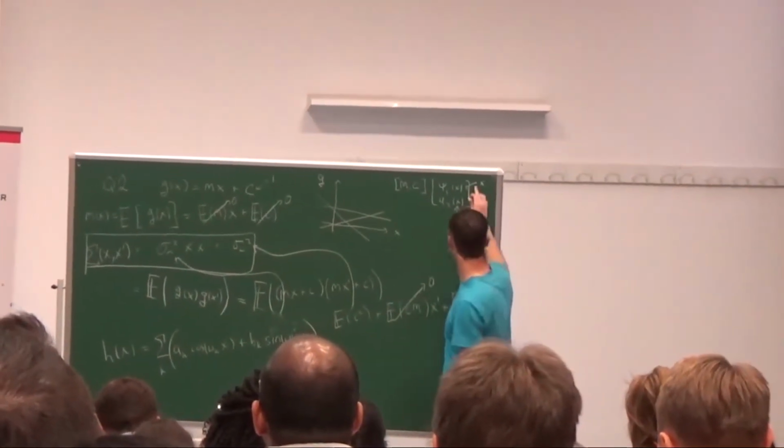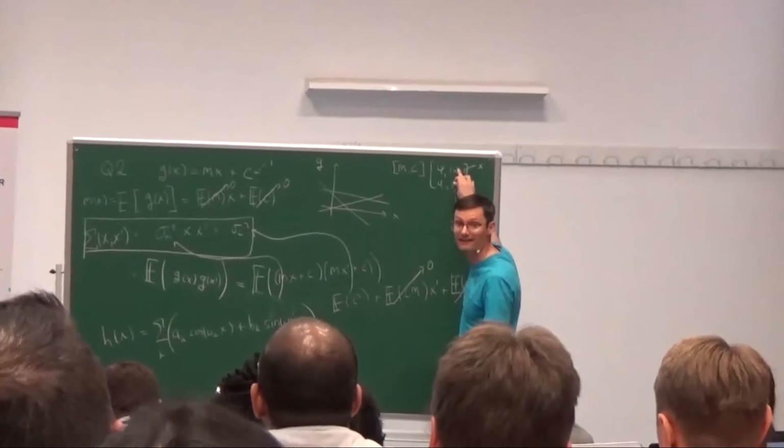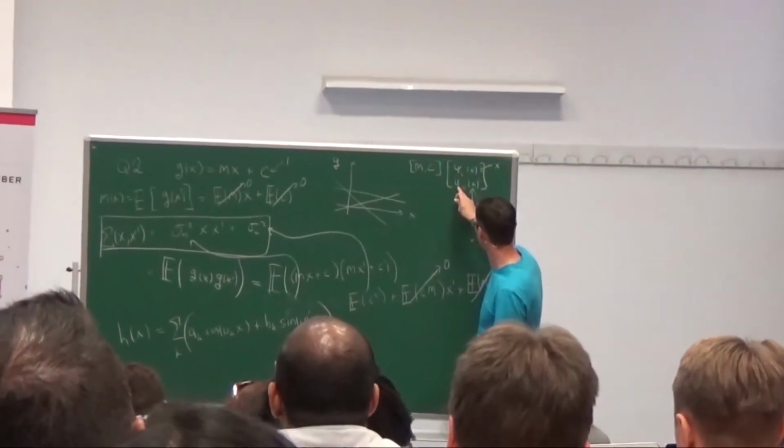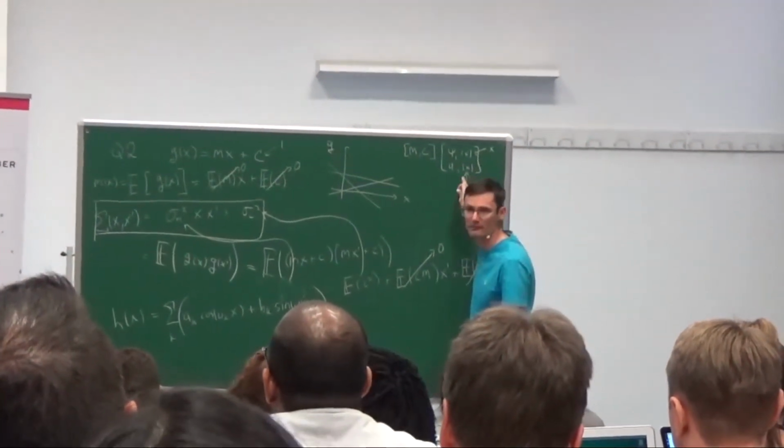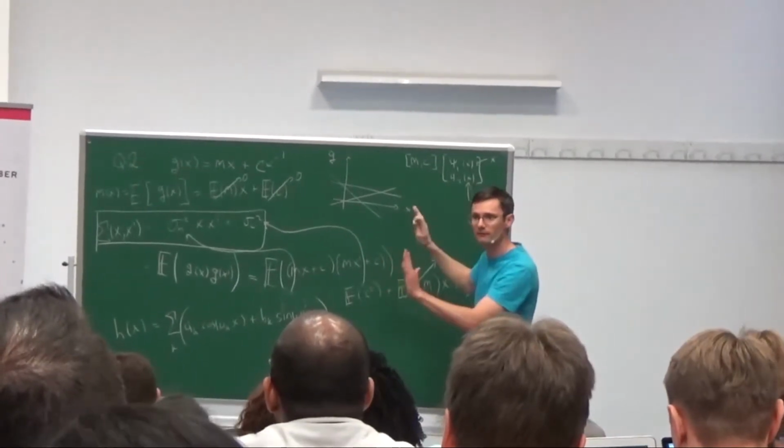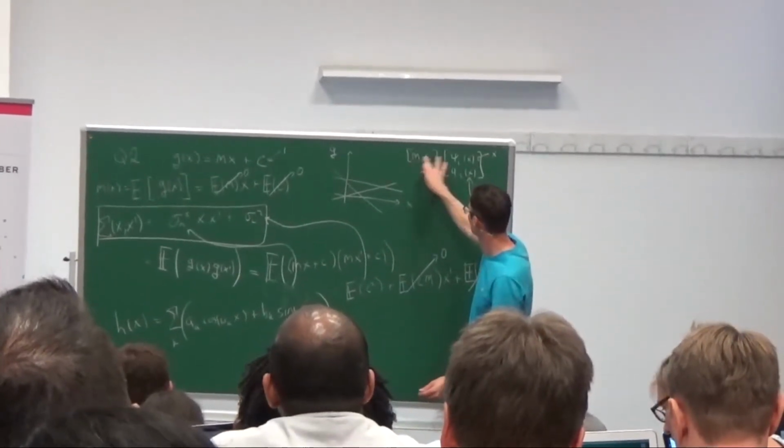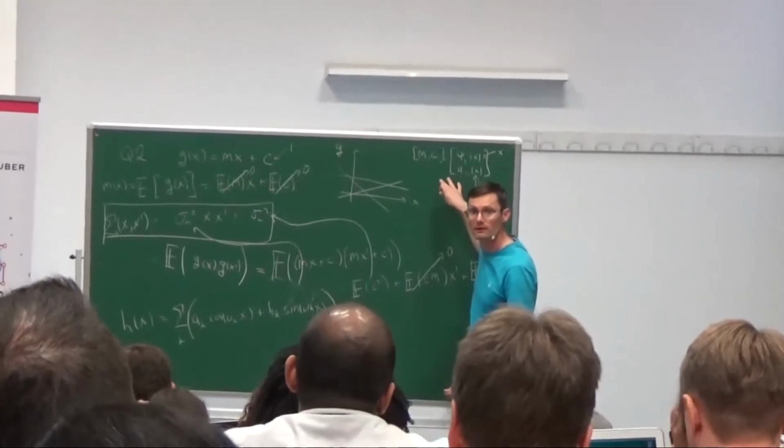And in the sinusoid case, we chose this to be cos omega x and sine omega x. Right. So both of these had this flavor of having coefficients that linearly multiply basis functions.